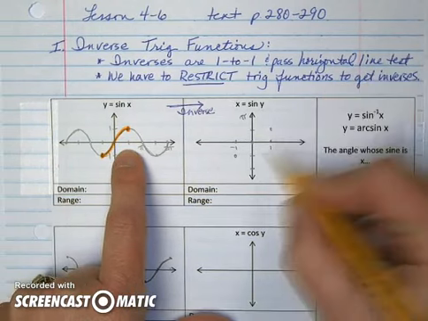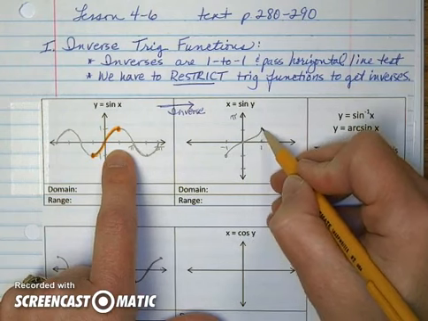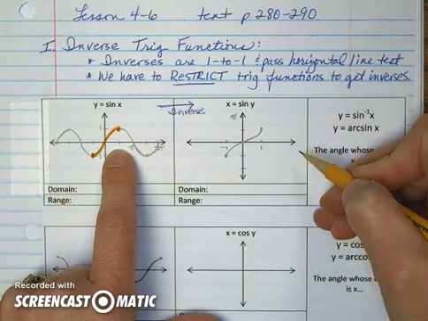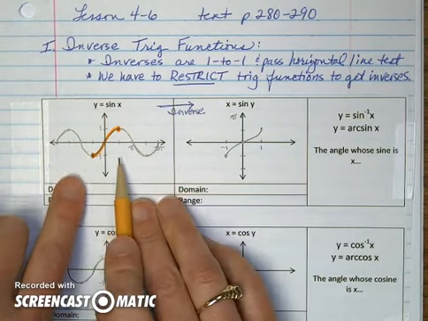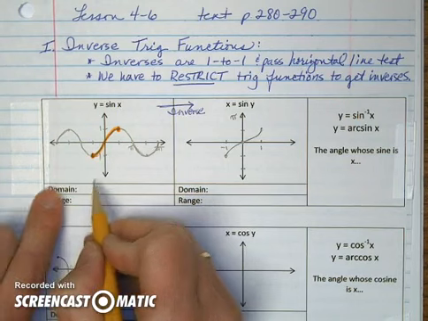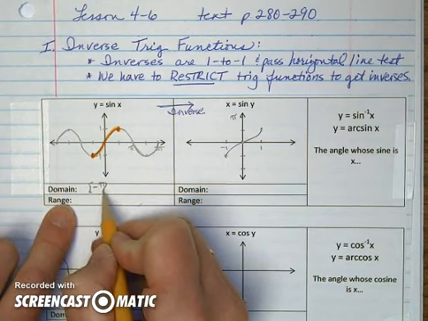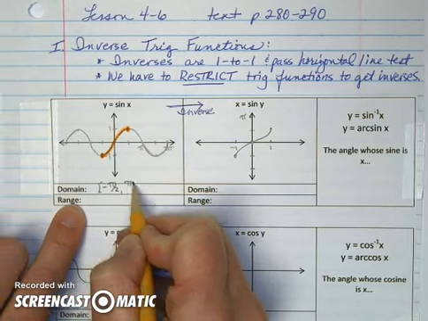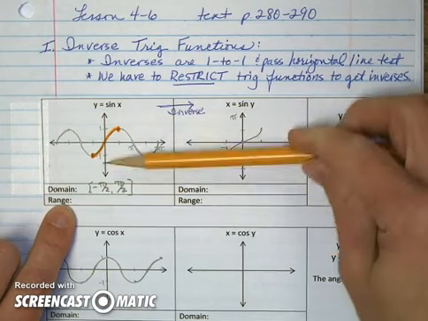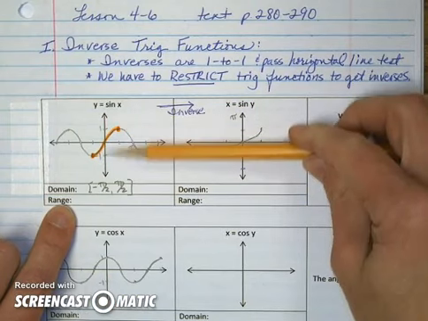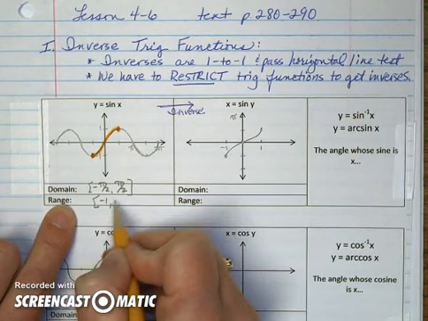So the graph shifts like this. And let's look at the domain and the range. We are now going to restrict our domain to go, and it includes, negative pi over 2 to pi over 2. And my range then is still from negative 1 to 1, and it includes those values.